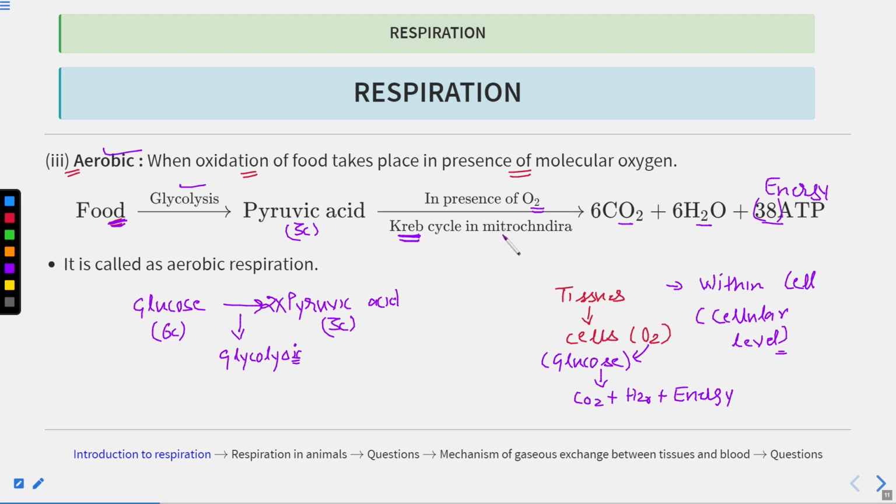Okay, so this Krebs cycle takes place in the mitochondria. So pyruvic acid cannot directly enter into the mitochondria. It is first changed into acetyl coenzyme A, and this acetyl coenzyme A can now enter the mitochondria.